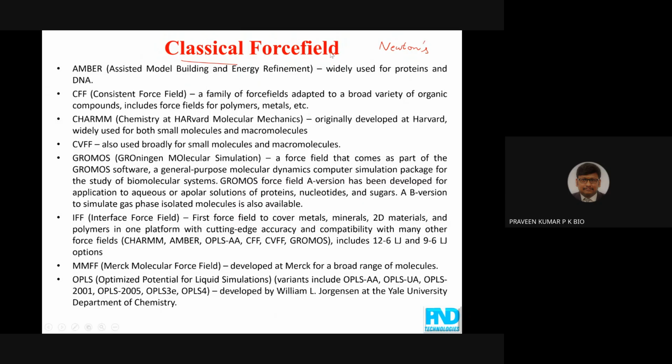If you use Newton's law of motion to calculate forces, then it is a classical force field. An example of a tool is Amber. The expansion of Amber is Assisted Model Building and Energy Refinement. This is widely used for simulation of proteins. In simulation, one such step is the force field.